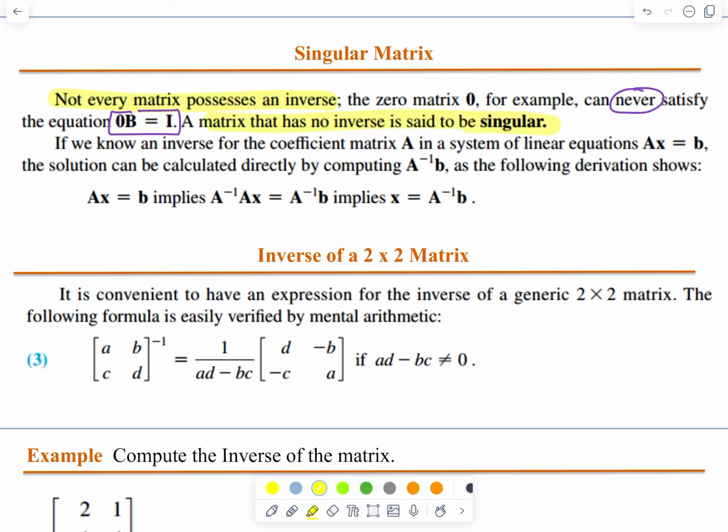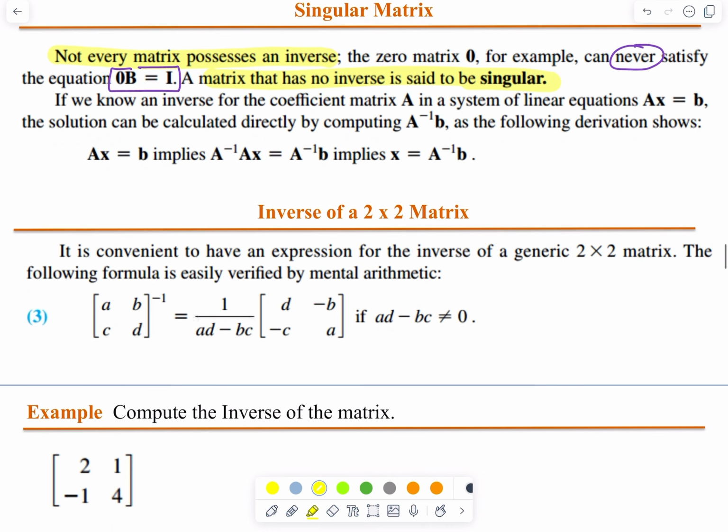Now, if we know an inverse for the coefficient matrix A in a system of linear equations AX equals B, the solution can be calculated directly by computing A inverse B as the following derivation shows. And so AX equal B implies A inverse multiplied by A times X is equal to A inverse multiplied by B, and that implies X equals A inverse B.